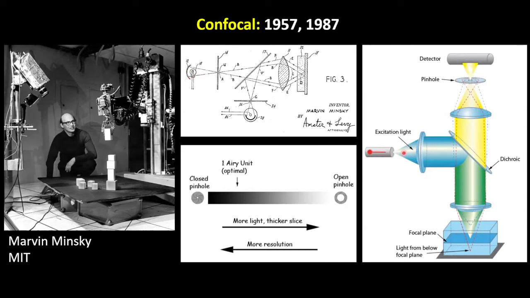But the magic of confocal is not the laser, it's the pinhole. The pinhole only allows light in focus to go to the detector, giving you a sharp image, and any out-of-focus light is blocked by the pinhole. The pinhole size changes based on wavelength, refractive index, and the situation.